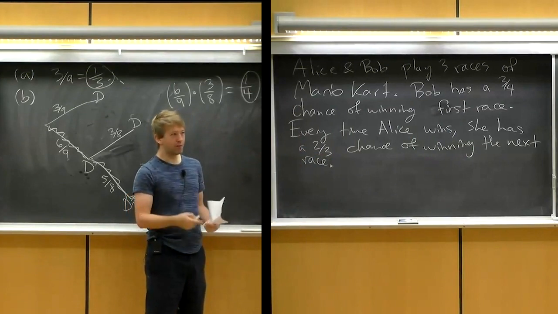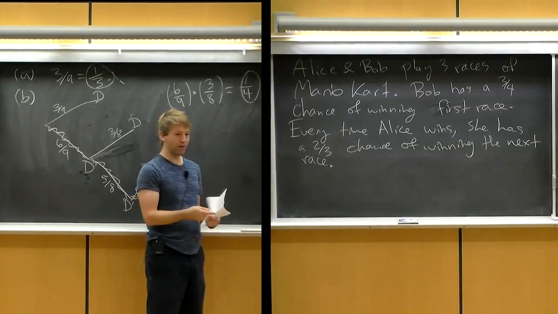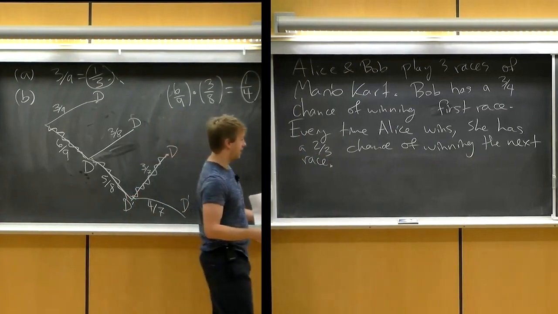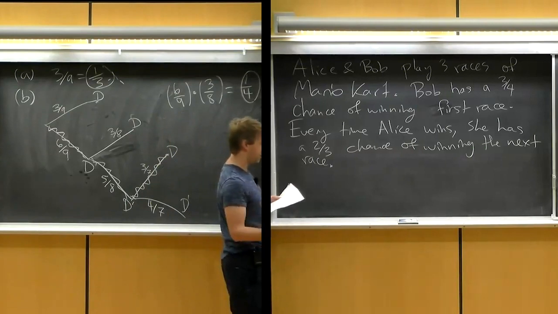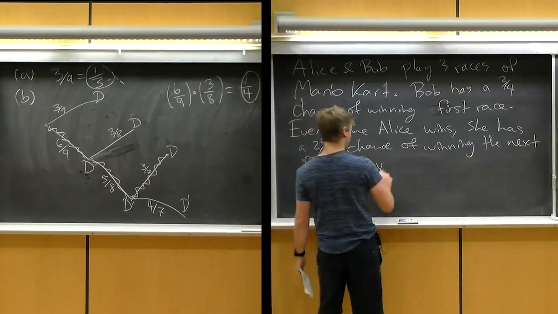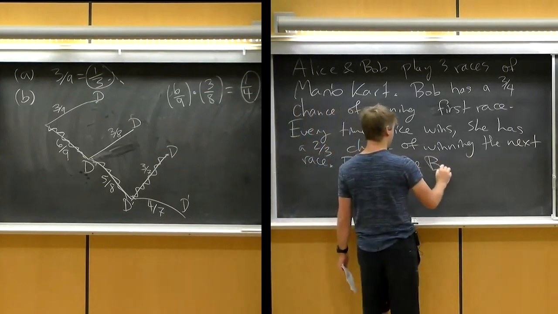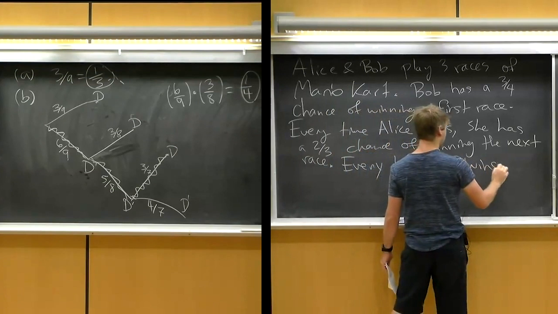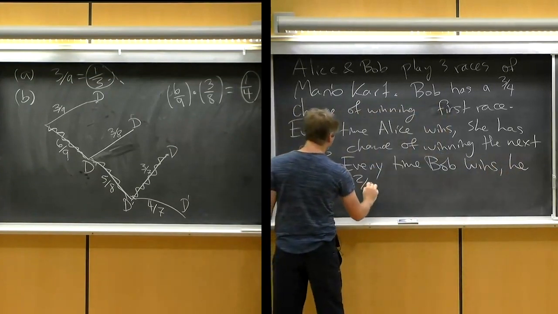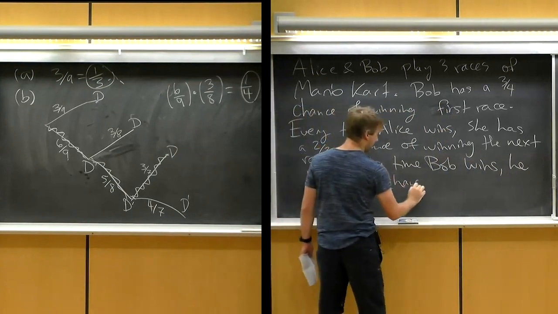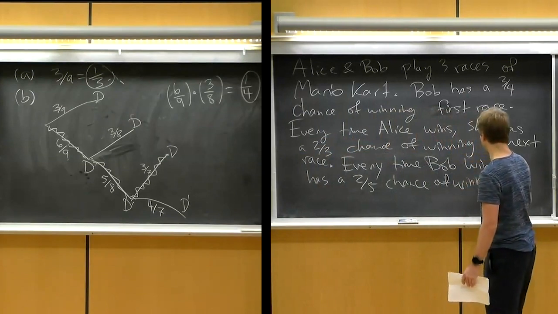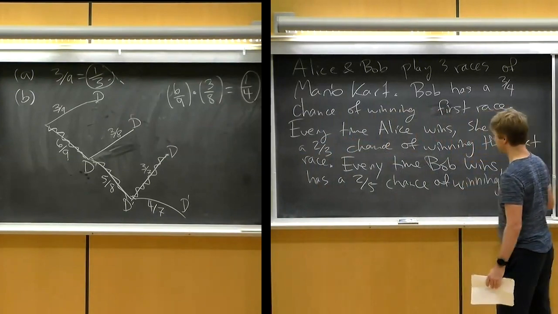And kind of oppositely, every time Bob wins, he gets overconfident and he slacks off, and he only gets a 2/5 chance of winning the next race. So every time Bob wins, he has a 2/5 chance of winning the next race.